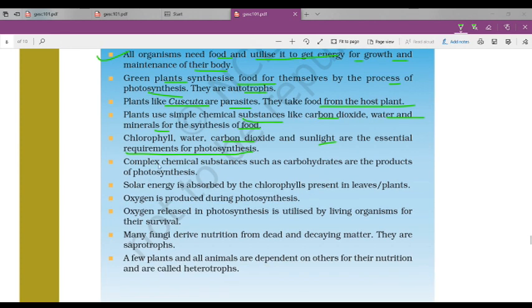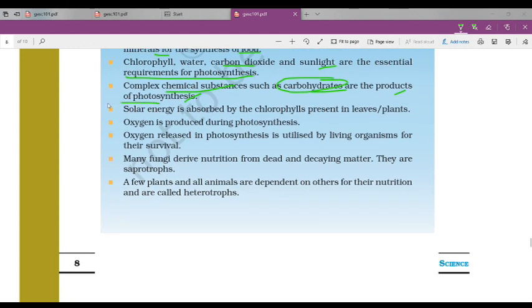Next point, complex chemical substances such as carbohydrates are the products of photosynthesis. By the process of photosynthesis, carbohydrates are formed. Solar energy is absorbed by the chlorophyll, which is present in leaves.